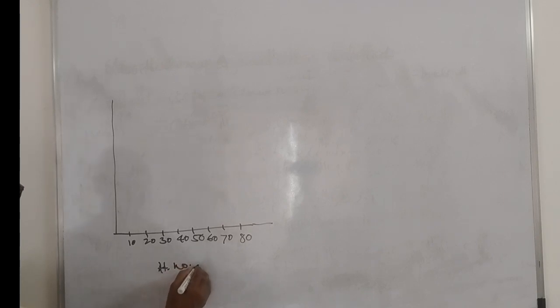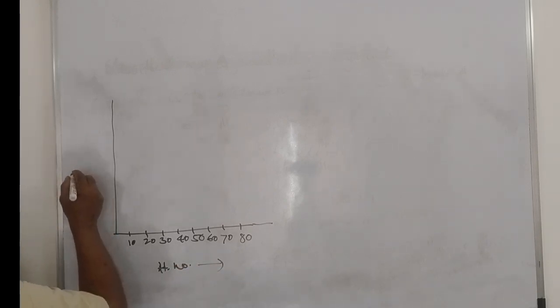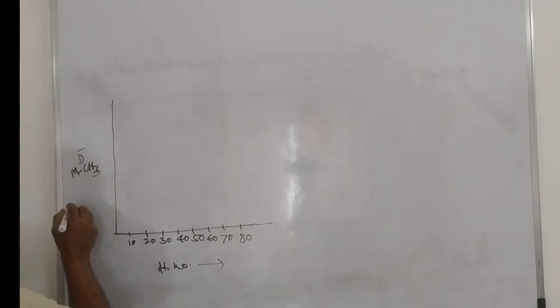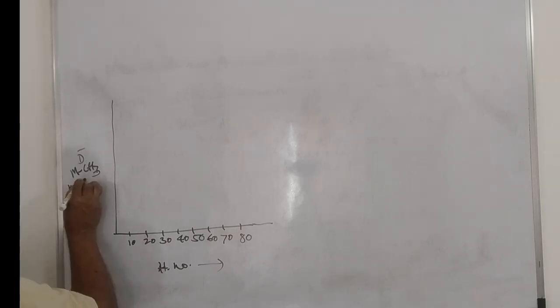In this way atomic number is shown increasing in this direction, and here we have shown the dissociation energies of the M-CH3 single bond in kilocalories per mole.